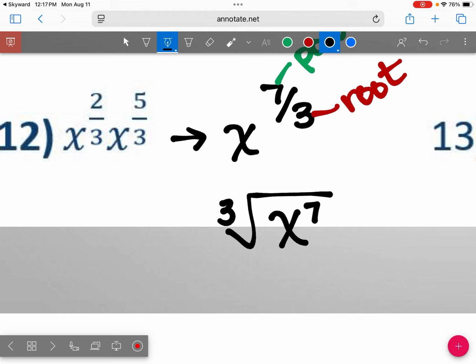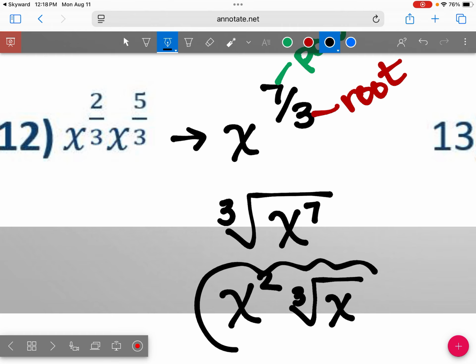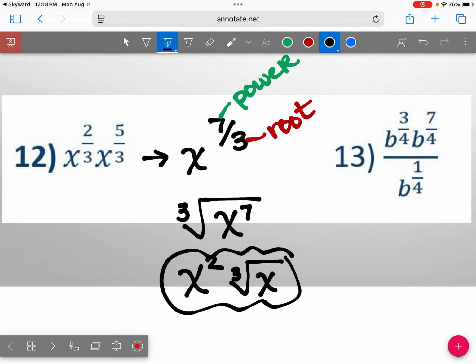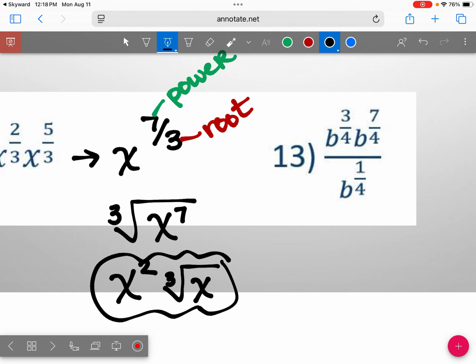How many groups of 3 can I make with 7 people? Show me with your fingers. So that means x squared can come out, but then there will be 1 that has to stay. That would be your final answer. All right, go ahead and add your exponents, and then we have to subtract for 13.